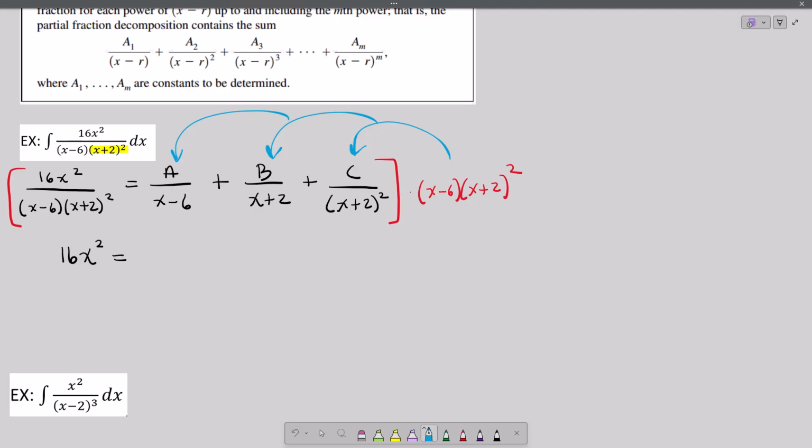When that triple product multiplies to this fraction, x minus 6 cancels. And there's an x minus 6 in the denominator. Cancels with this x minus 6, which is in the numerator. So that triple product will simplify to a times x plus 2 squared.